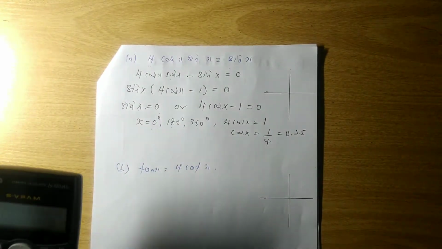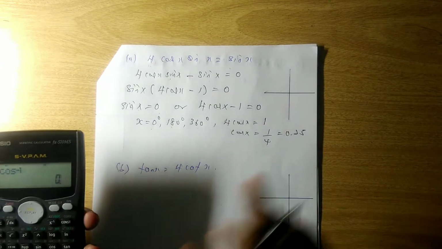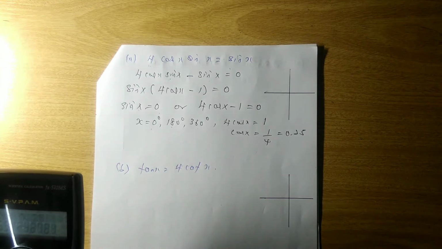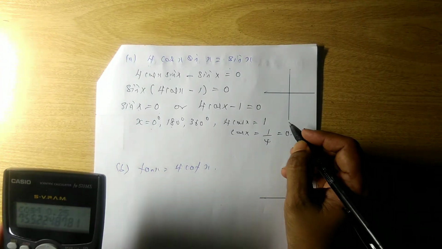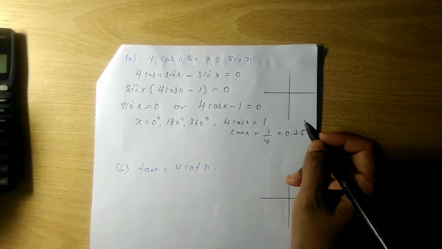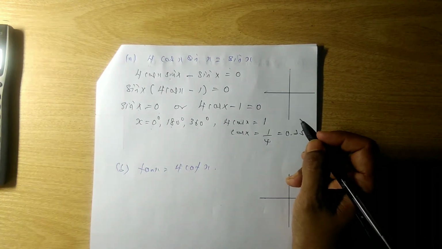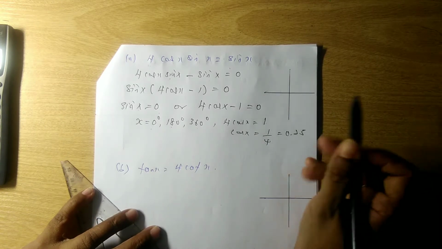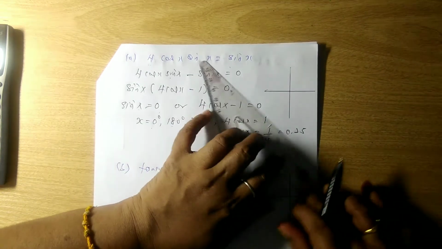So shift cos 0.25. Okay, that will give you about 75.52 degrees. All right. Okay, so now here cos is actually positive. So cos positive means two angles.